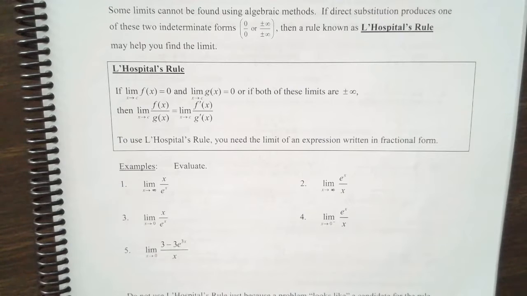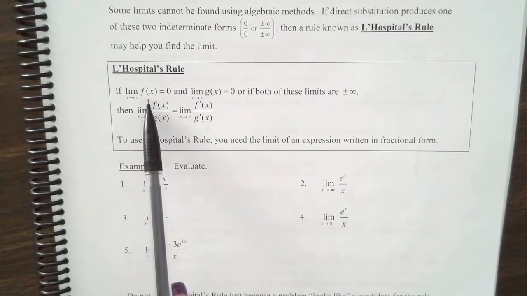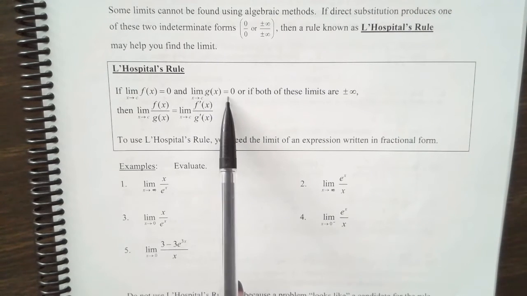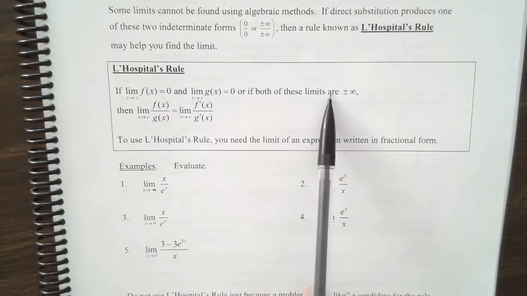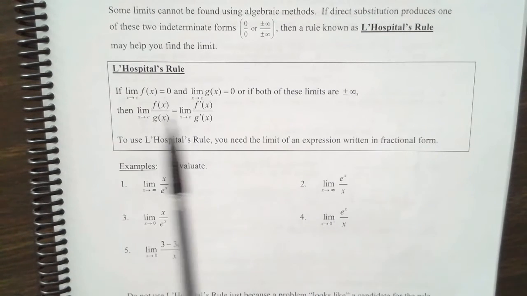So here it is. If the limit as x approaches c of f of x equals 0 and the limit as x approaches c of g of x equals 0, or if both of these limits are positive or negative infinity, then we can say something about the limit of f of x over g of x.